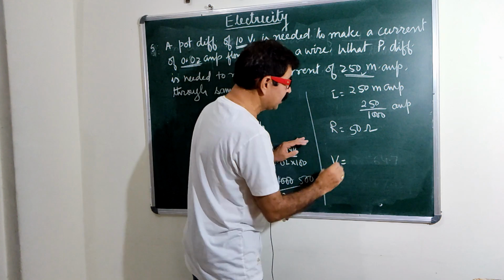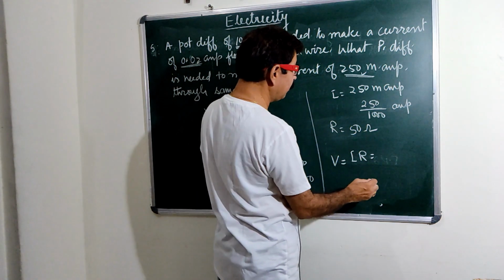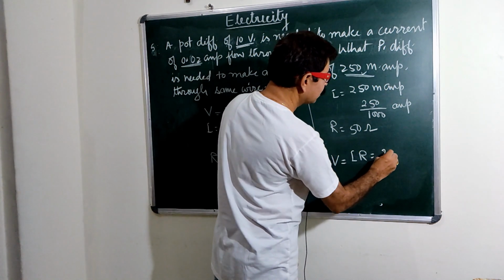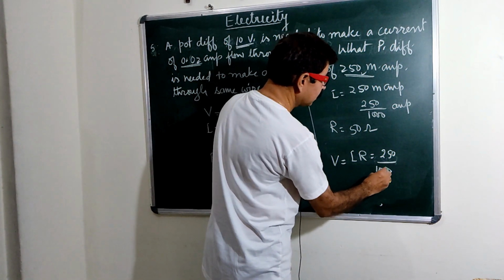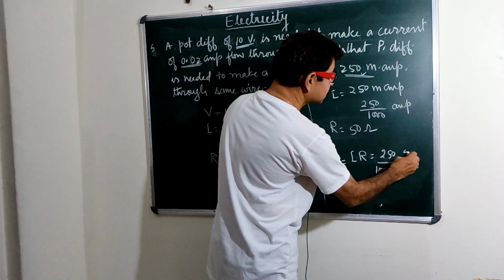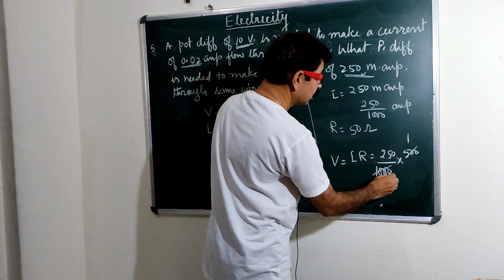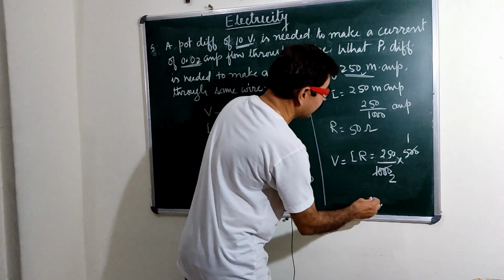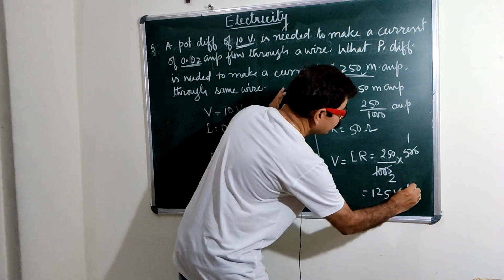Asking the potential difference, it is V is equals to I R. I की वैल्यू हमने फाइंड की, इट इज 250 अपॉन 1000 and R is 500. कट किया, और सॉल्व करेंगे, यू विल हैव आंसर 125 volts.